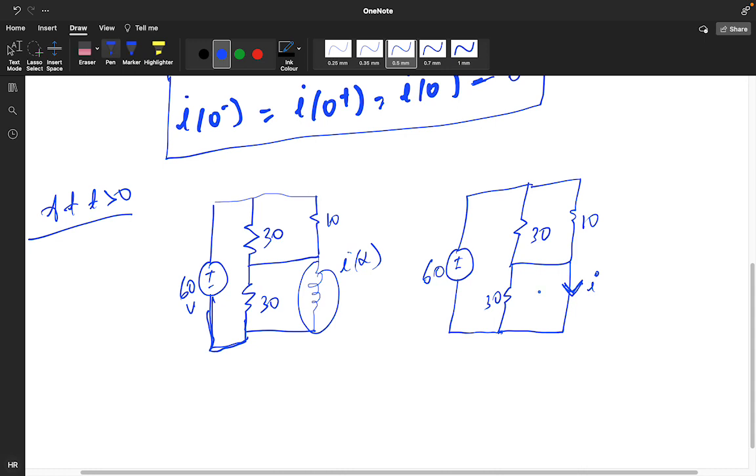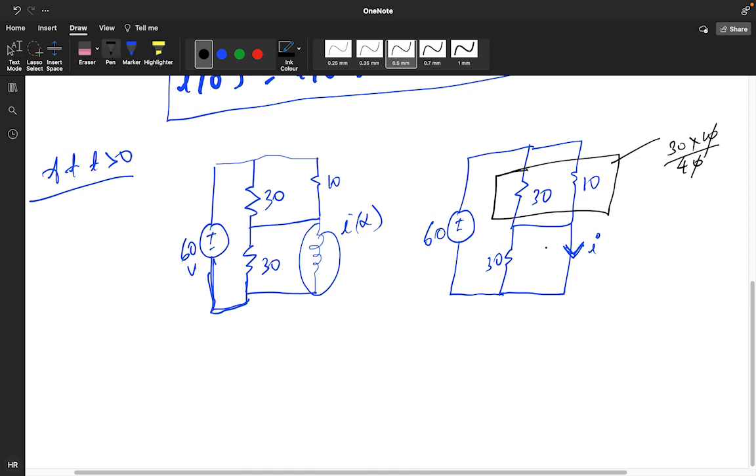So how will you find this particular current? These two are parallel. So 30 into 10 divided by 40. How much will you get? 30 by 4. And if I am getting a short circuit wire and a resistor in parallel across it, the resistor becomes redundant.